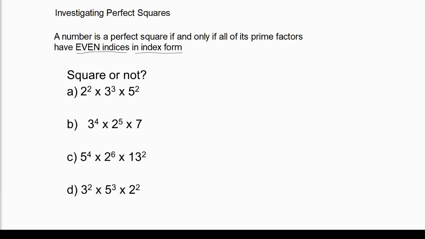So here are some examples. The first number, 2 squared times 3 cubed times 5 squared, is not a square number, because the 3 has an odd power. And I will just show you now using my calculator here.